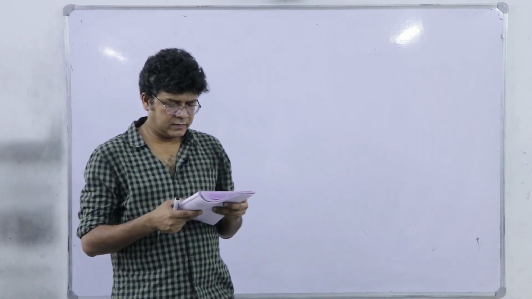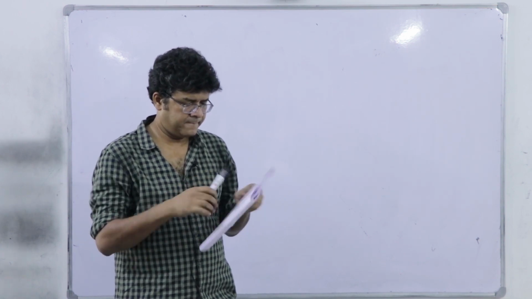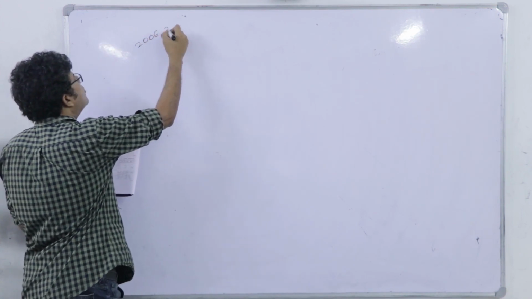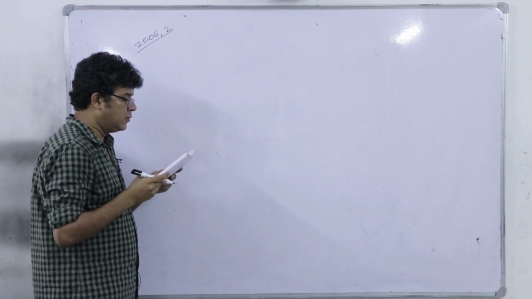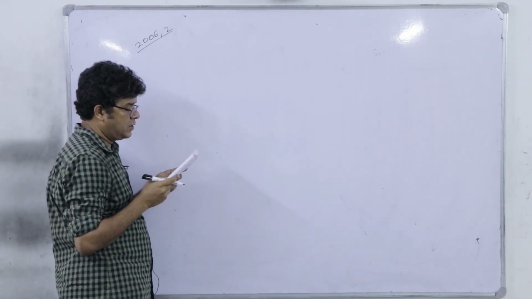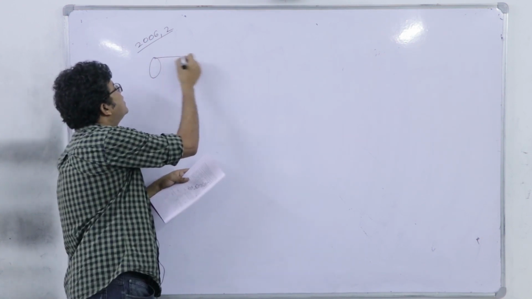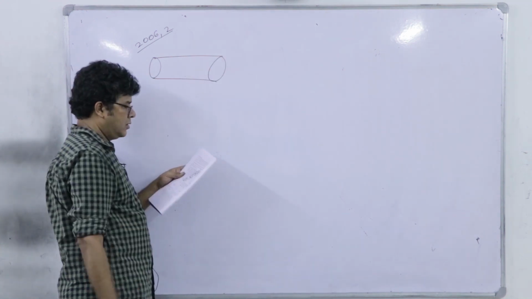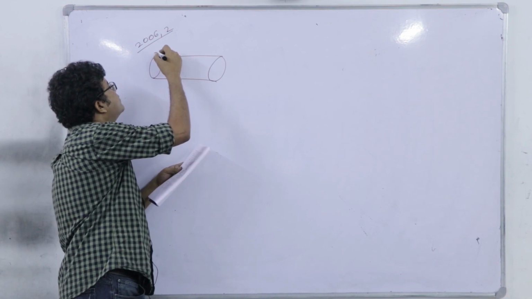Okay, this is a 2006 GATE problem, 2 marks. The problem of radiation. An insulated cylindrical pipe, say I have an insulation here.